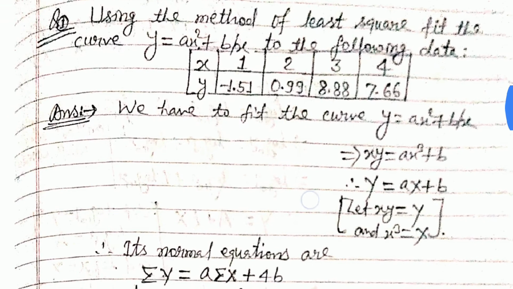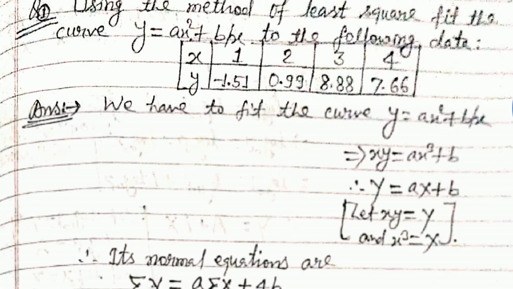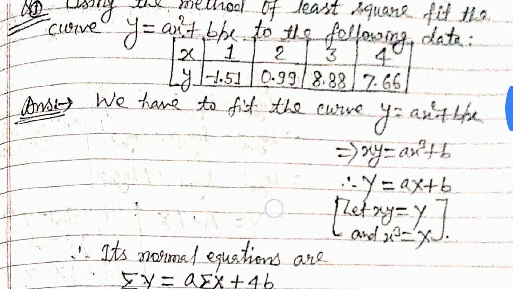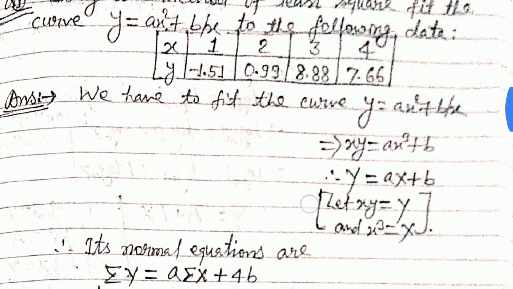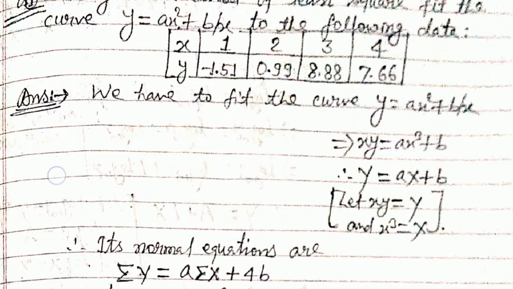First of all, we take the desired equation, that is y is equal to ax square plus b by x, and then we multiply both sides by x. That means xy is equal to a x cube plus b.